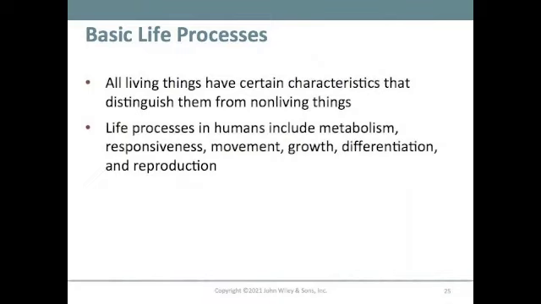Life processes in humans include metabolism, responsiveness, movement, growth, differentiation, and reproduction. Is that 7? 1, 2, 3, 4, 5, 6. What are they missing? According to Biology 100, they're missing homeostasis. So you can see there that we have some processes that differentiate a human or a dog from a rock.